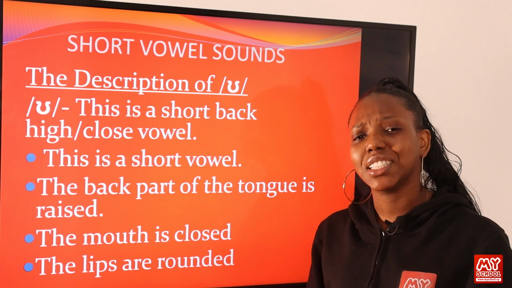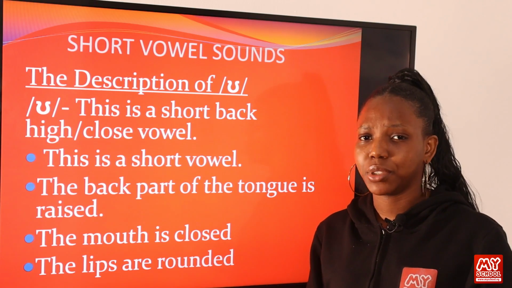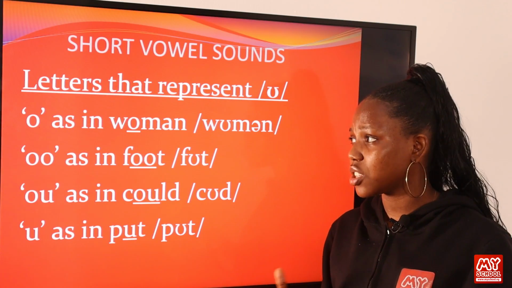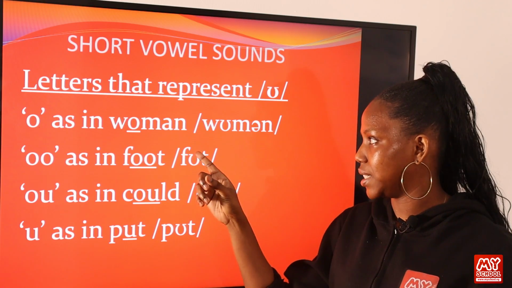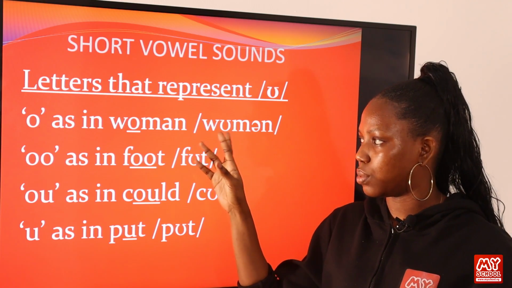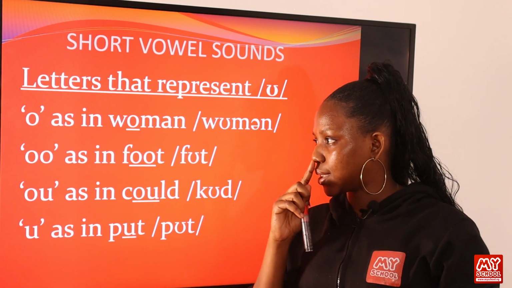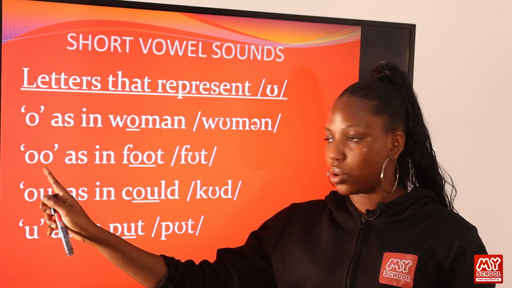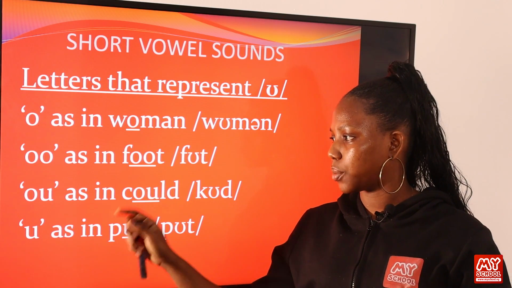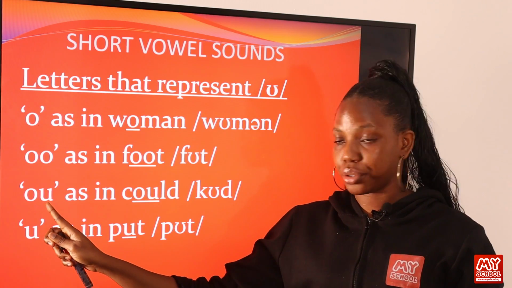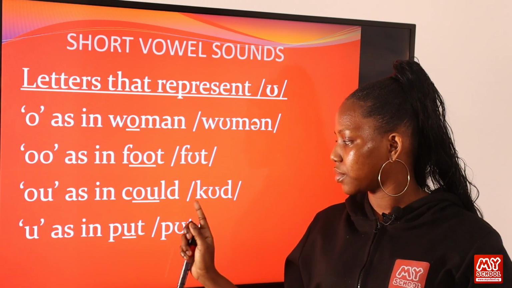Now let's take a look at letters of the alphabet that can represent this sound. In most cases we have letter O as in woman. The next is letters OO as in foot. And we have OU as in could.